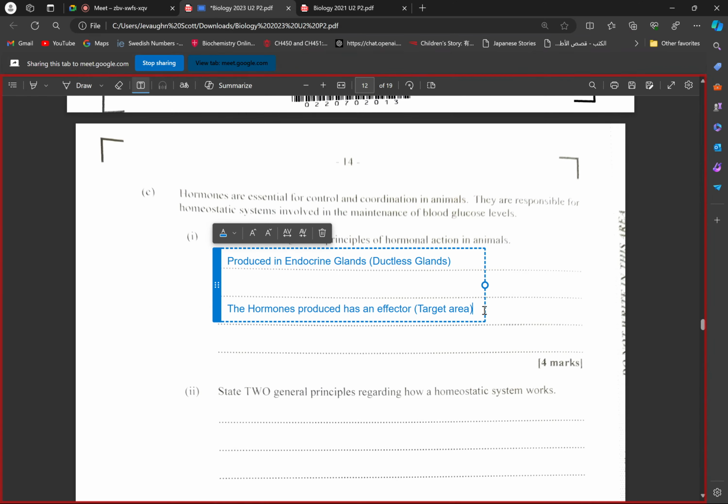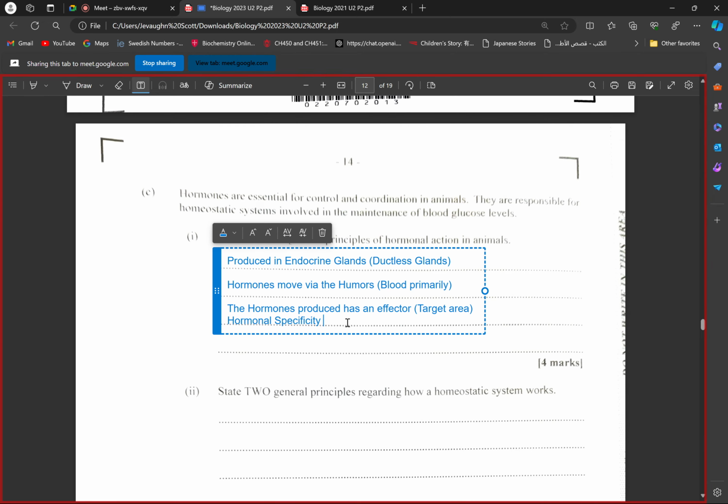I was going to say that hormones are transported in the blood. So that's one of the principles of how its action is. Okay, anything else?